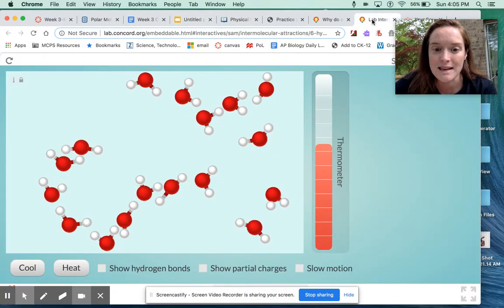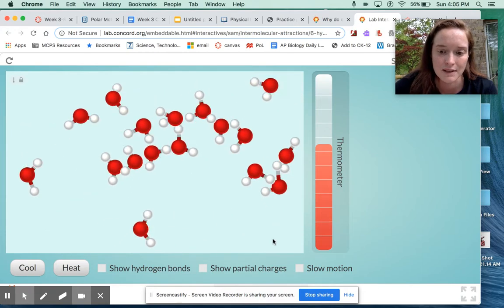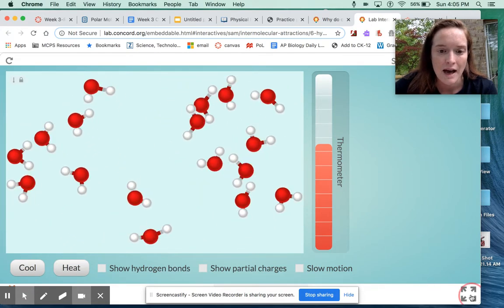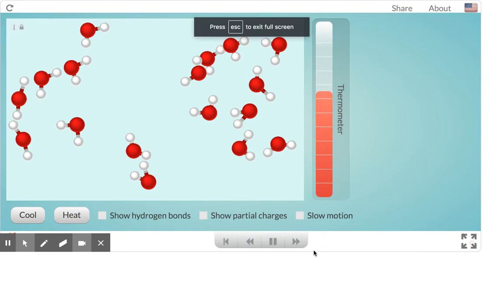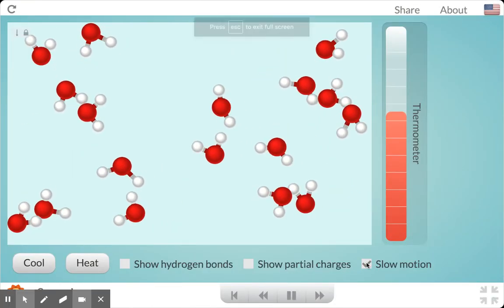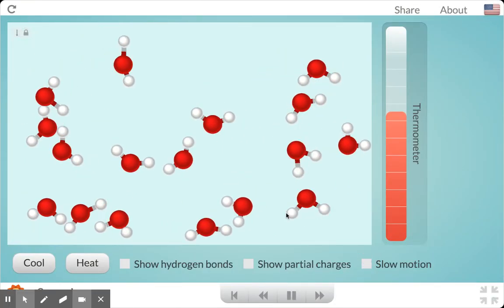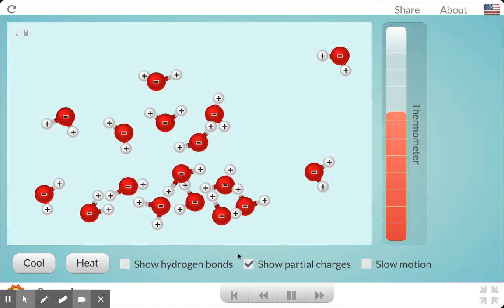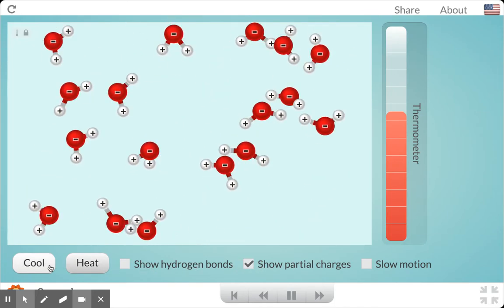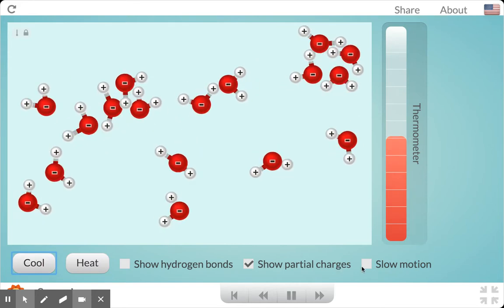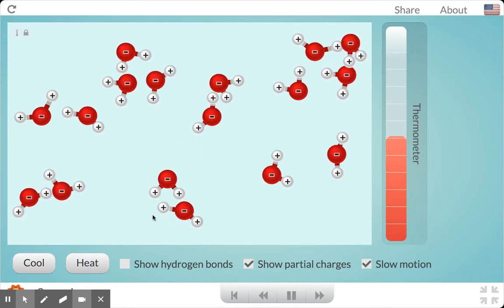And we can see this in this simulation. I'll link you to it if you like. Let's slow it down a little bit. So maybe not that slow. And see those charges so that you can actually see the way the water molecules arrange.